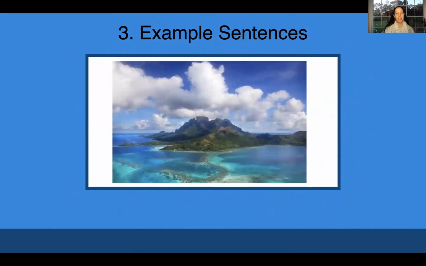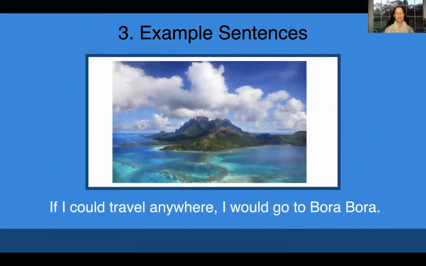This is one of my favorite places. Do you know what it is? If I could travel anywhere, I would go to Bora Bora. Where would you go if you could travel anywhere? Remember, this is a second conditional, so it tends to be a little bit unlikely, but we can always dream, right?